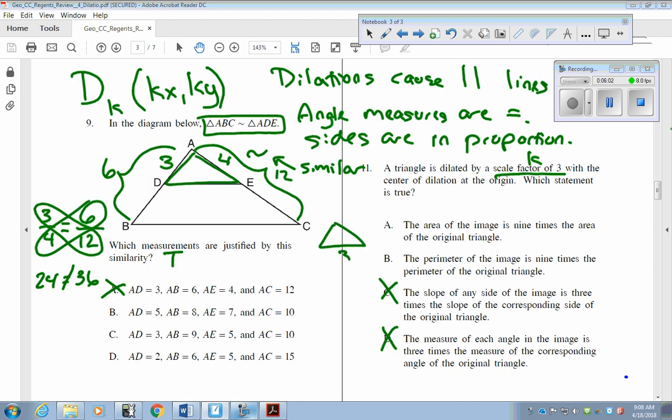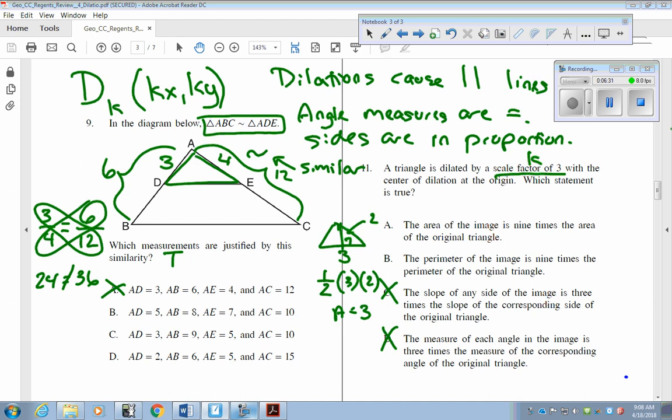So let's say I did 3. And I'll call that height 2. So we got 1/2 times 3 times 2 for the area. So that would be 3 for the area, using the formula from the sideboard, 1/2 base times height. Now if I dilate it by 3, well in that case that means that each of the measurements is going to be multiplied by 3.